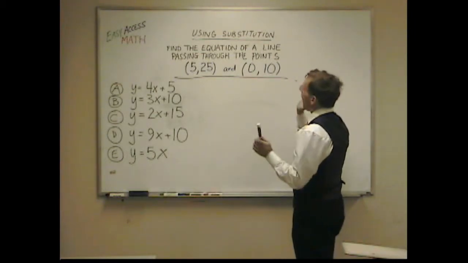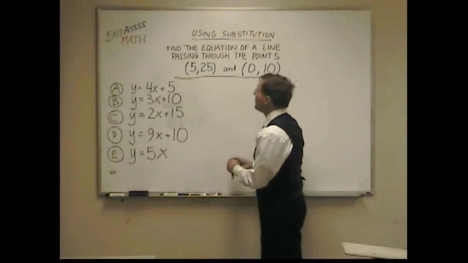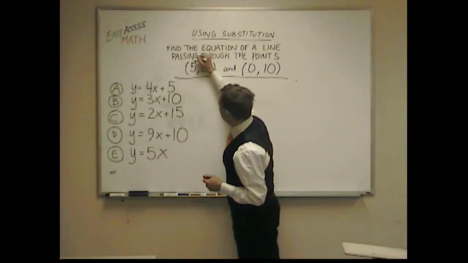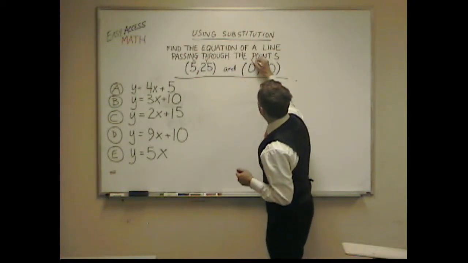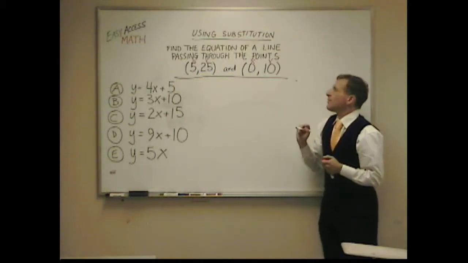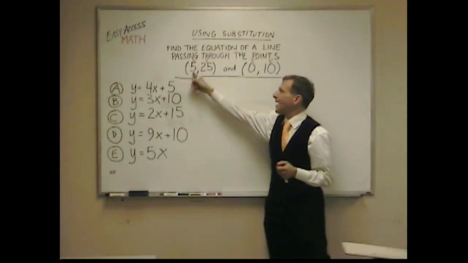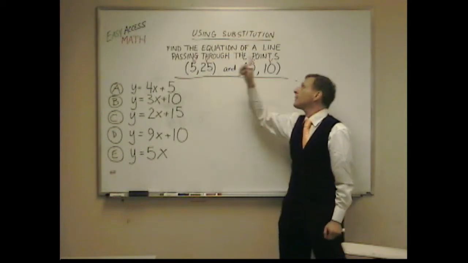Now, remember, with each point, the first variable is always x, and the second is always y. So I'll label those right away. So I have one point where the x is 5, and the y is 25.